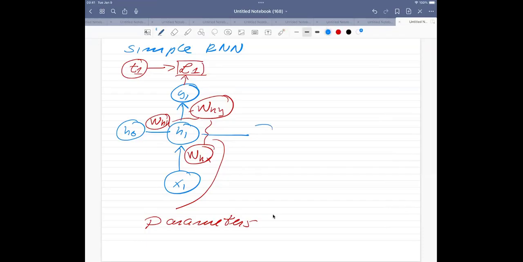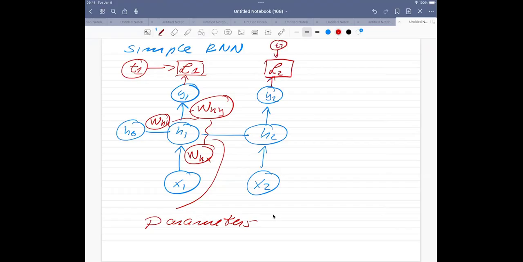Then this feeds into H2, which can have an external probe, which acts on the system, which sends in some input X2. Then it produces an output Y2 here. And this one feeds in to the loss or cost function, which I'm going to call L2 here. And now I have space here for a T2, like that.